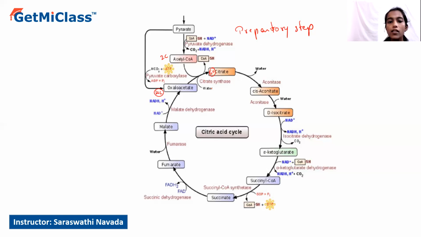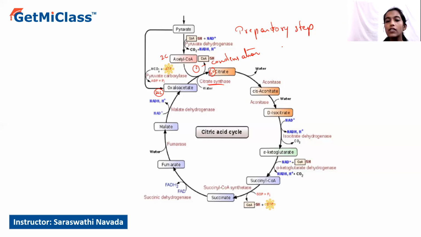This process occurs in the presence of water, and this first step is called condensation, where two molecules are condensed to form one larger molecule. The 2-carbon compound and 4-carbon compound are condensed together to form a 6-carbon compound called citric acid, and the reaction is catalyzed by the enzyme citrate synthase.